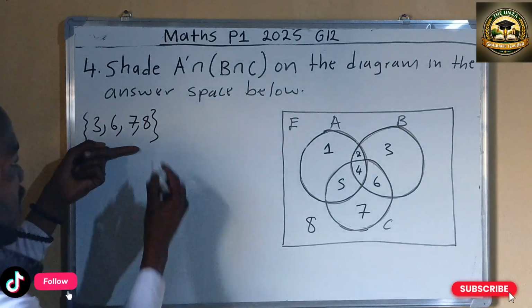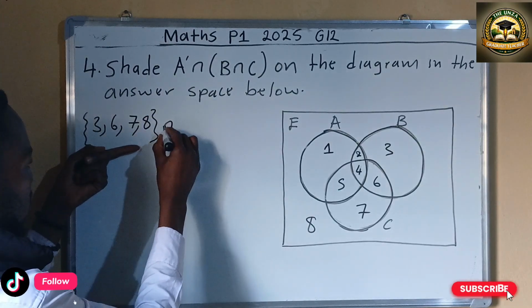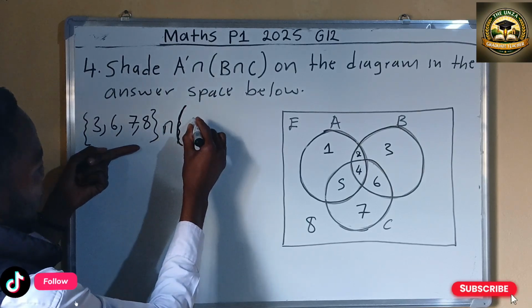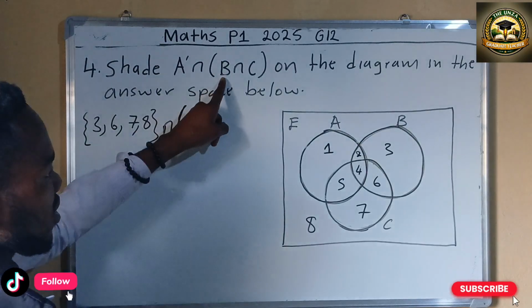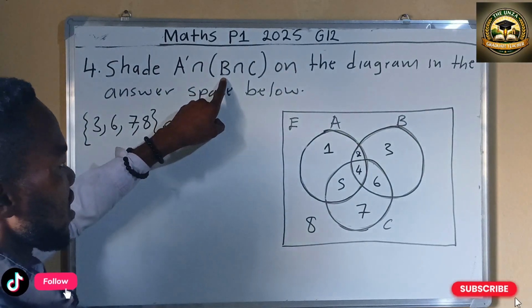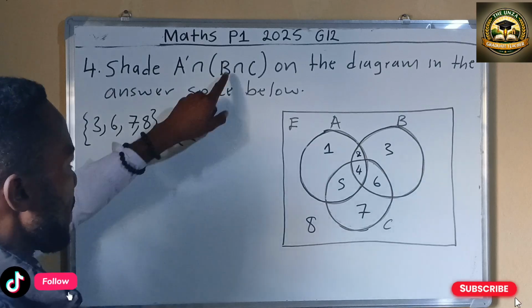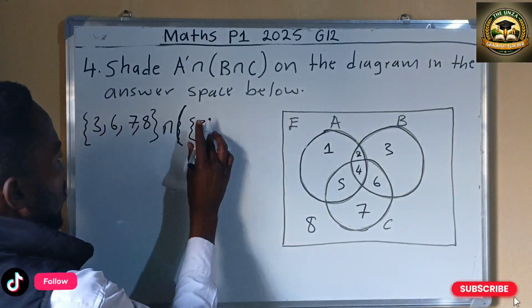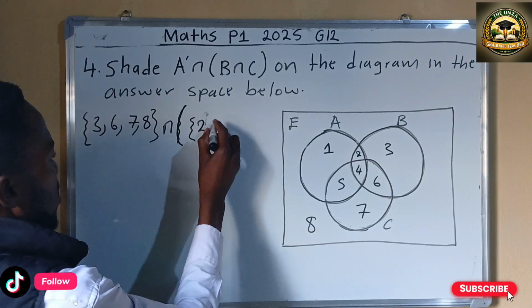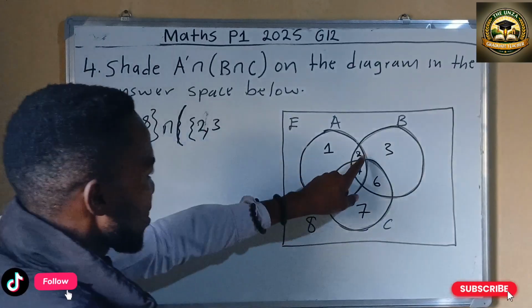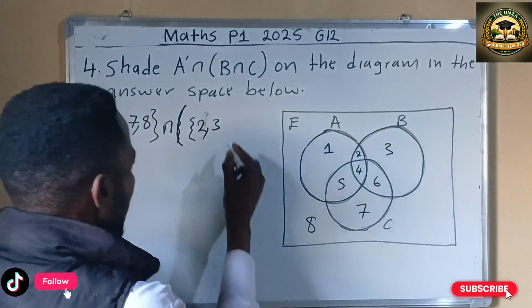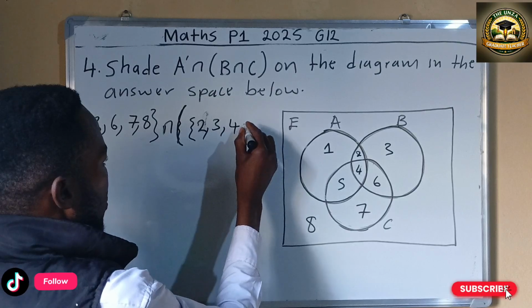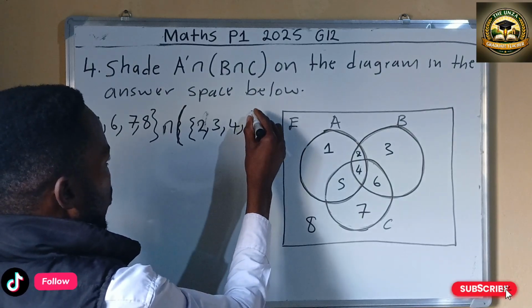This is A complement. Then you put intersection. Then you put the brackets first. Then you put a symbol of a set. Here you have to put set B. Set B, the numbers there are 2, 3, 4, 6 in B. Then you put a symbol of a set.